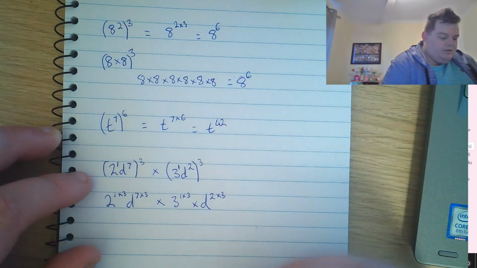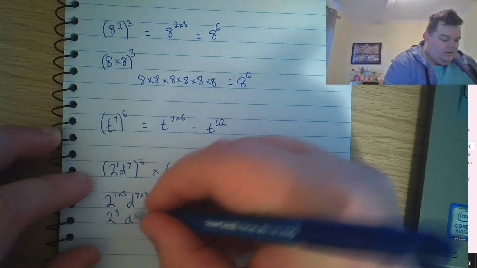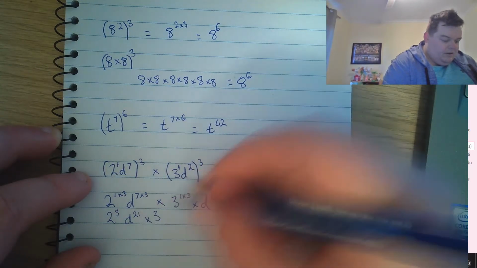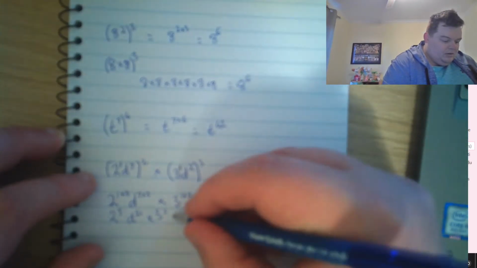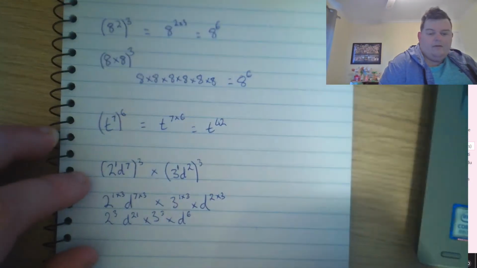So I'll quickly work all these out. So it's 2 to the power of 3, d to the power of 21, times 3 to the power of 3 times d to the power of 6.